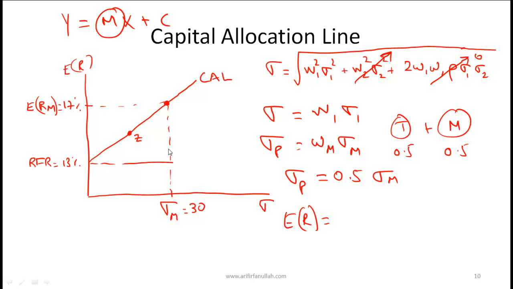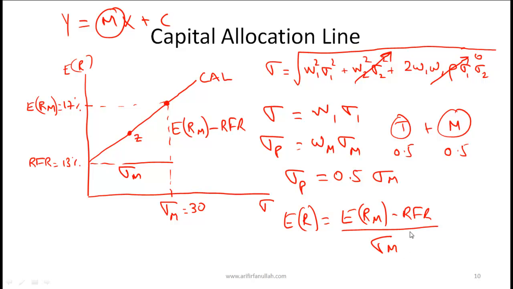Remember, the slope of this line is change in y over change in x. What is the change in y? It's the expected return on the market minus the risk-free rate. What's the change in x? It's the riskiness of the market. So your gradient is the expected return on the market minus the risk-free rate divided by the riskiness of the market. The x variable is the riskiness of the portfolio, and the intercept on the y-axis is the risk-free rate.